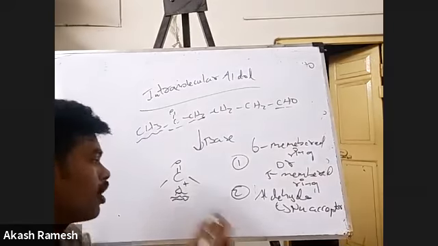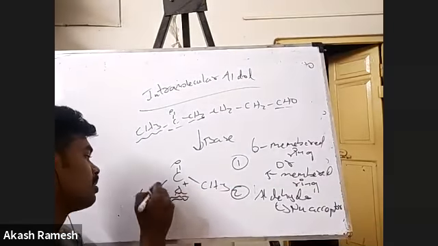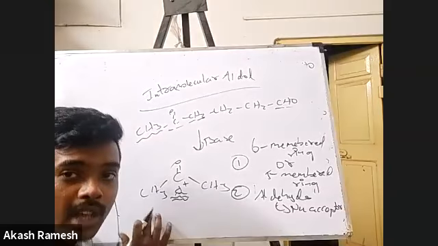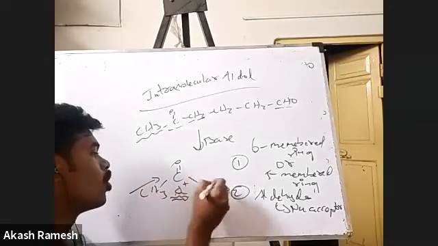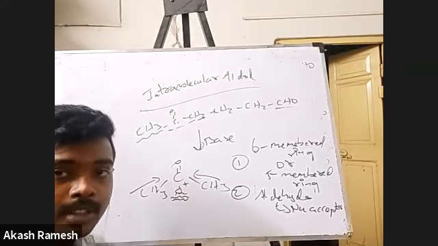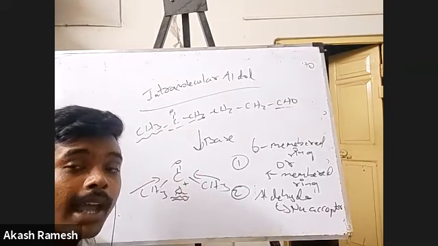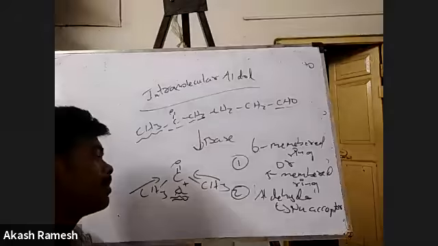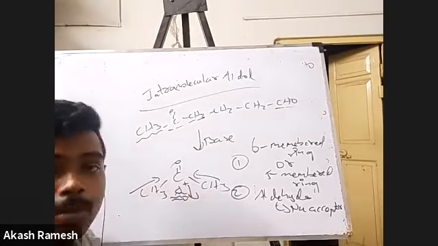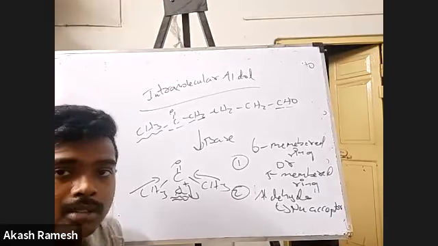Say if these were alkyl groups, I know what kind of groups they are. They are electron donating groups. So obviously the amount of partial positive charge will decrease.